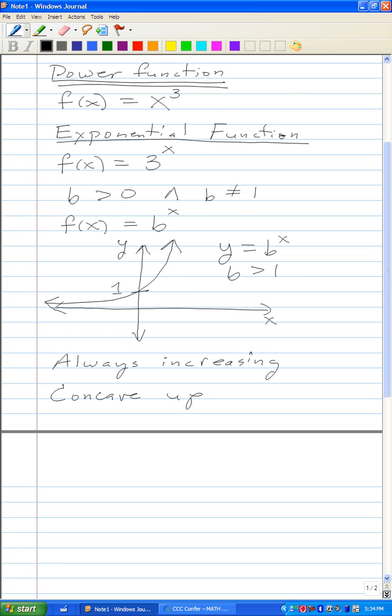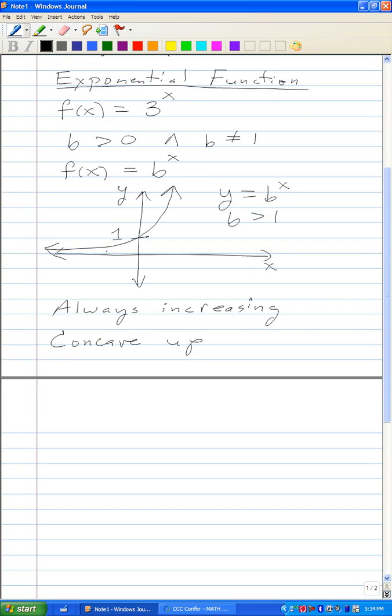Next, it has no vertical asymptote, but it does have a horizontal asymptote. The horizontal asymptote is just the x-axis.